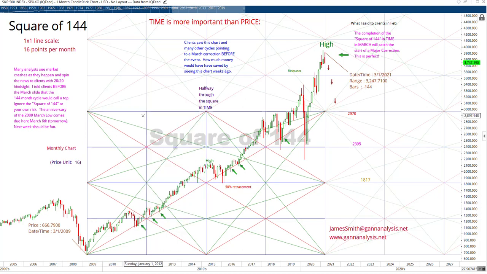And we also divide the square based on time: 1/4, 1/2, 3/4, completion of the square. So 144 months, it's the square of 144, which coincidentally means that you complete the square 144 months later. Now, you might wonder, if this is the completion of the square in price, how come it didn't stop here?